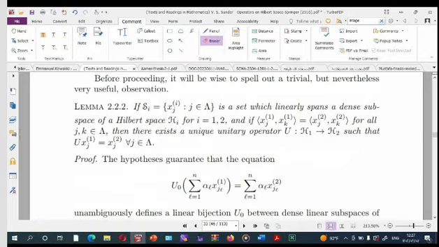If S_i is a set which linearly spans a dense subspace of a Hilbert space H_i, okay, so the closure of this equals H_i, and if we have this equality between inner products for all j and k in lambda, then there is a unique unitary operator U from H1 to H2 such that we have these.